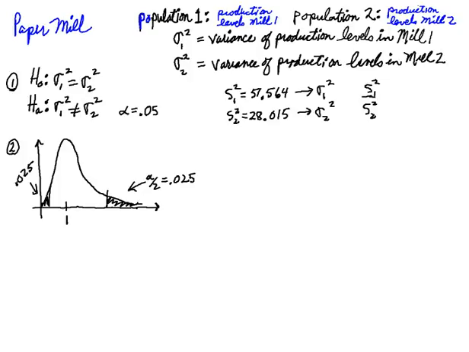Now, we just took one sample from population 1 and one sample from population 2. And it turned out that S1 squared is larger than S2 squared. So to measure their difference, this is going to be an upper end test.